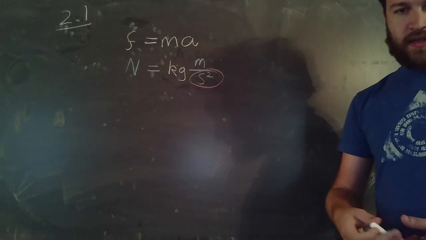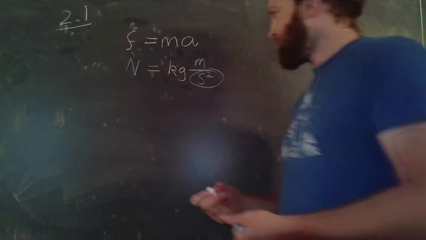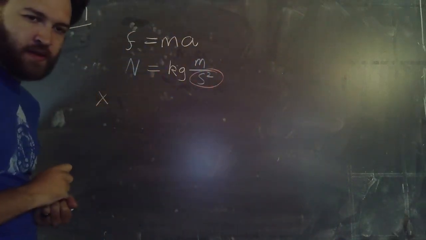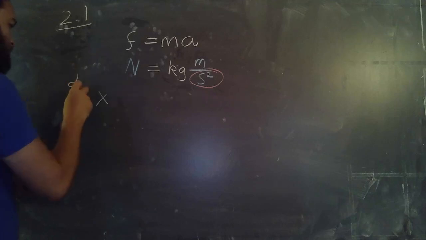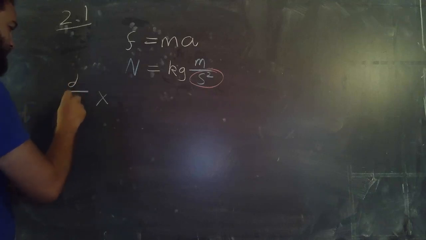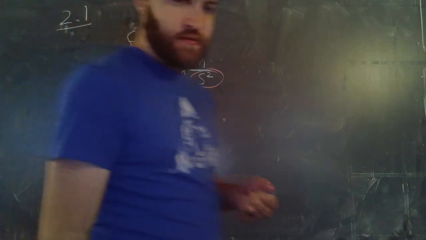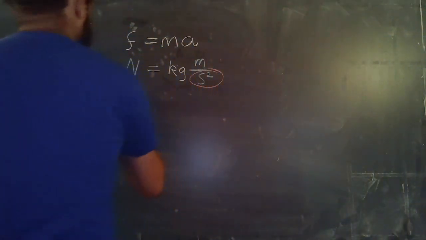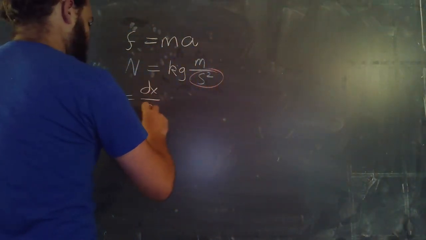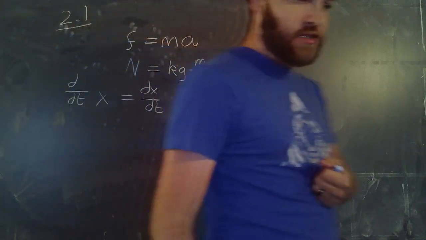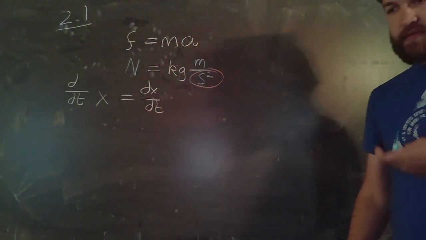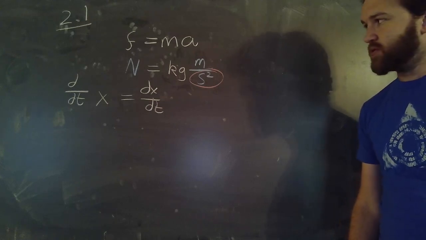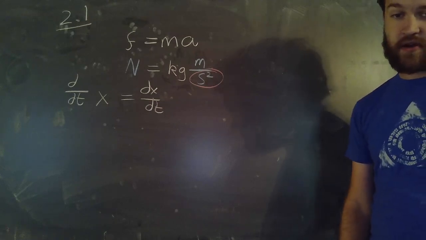And one thing that we can note about this is that if we were to take some quantity, maybe x, and take a derivative in time, then what we get is a dx by dt term, and that just comes from the procedure that we would use in order to generate a derivative here.